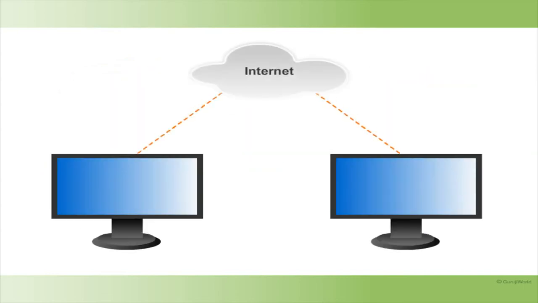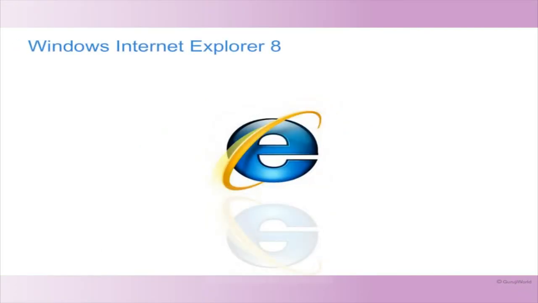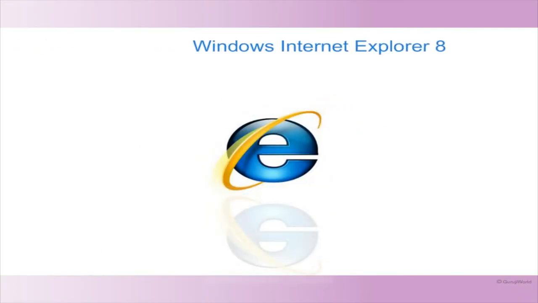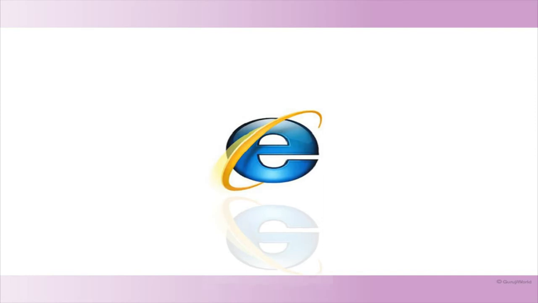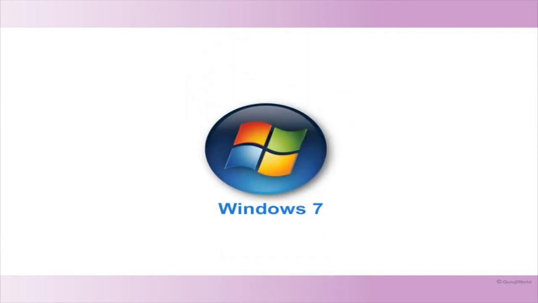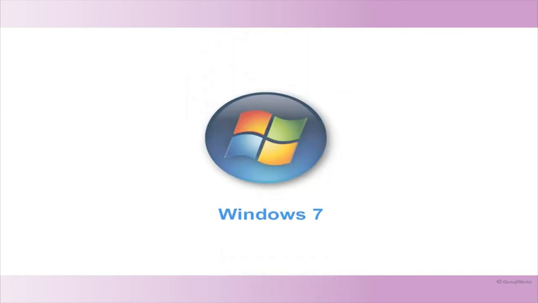The Internet transports web traffic and other traffic, including email and file transfer operations. Windows Internet Explorer 8, which is installed by default with most editions of Windows 7, is a web browser with which you can easily view, search, print, and save web pages.